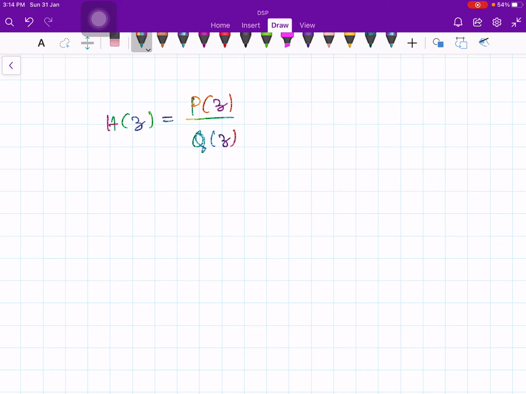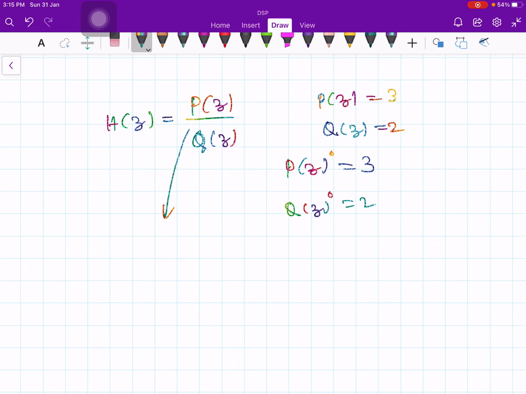For example, P of z has degree 3 and Q of z has degree 2. Then the partial fraction expansion of this will have a constant term, let's say k0 plus k1 z inverse plus P1 of z divided by Q of z.